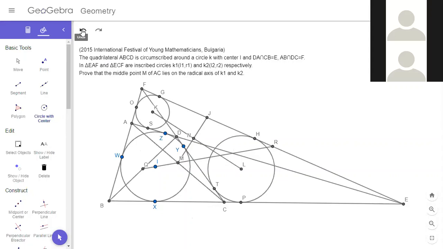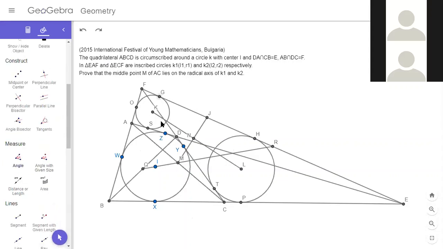But so MJ is the radical axis. What if ABC is similar to GIH? That would be interesting. Almost. So yeah, let's try to show MJ is perpendicular to KL.